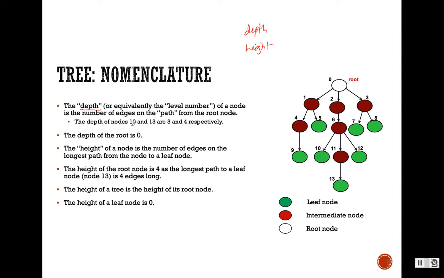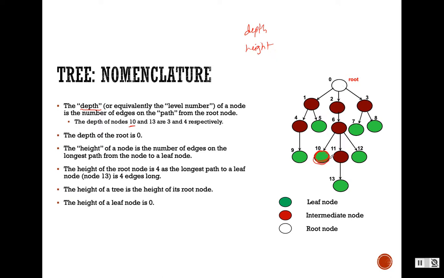So for example here, if you consider node 10, from 10 to the root node how many edges do we have? 1, 2 and 3. So what is the number of edges from the root to that node? This is known as the depth.